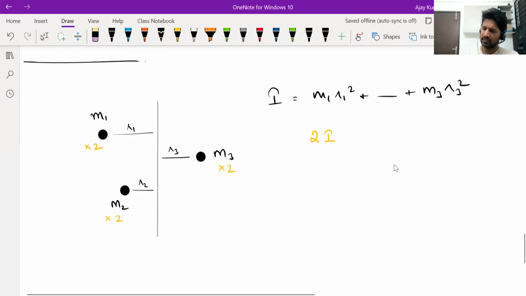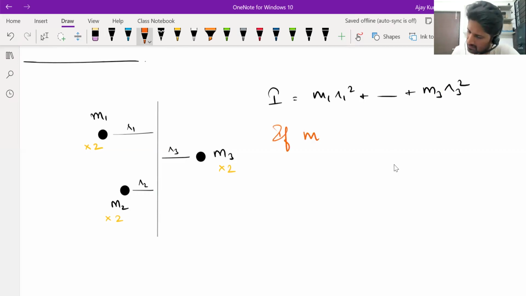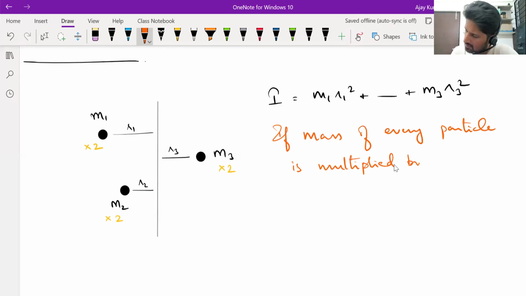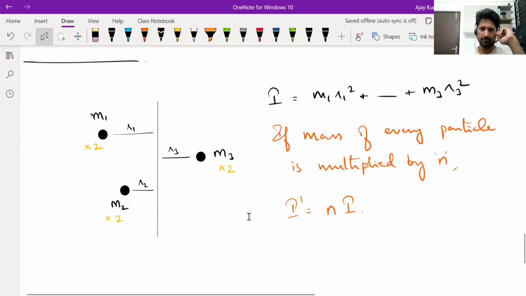If mass of every particle is multiplied by a factor of n, then the new moment of inertia will be n times the earlier moment of inertia. Okay.